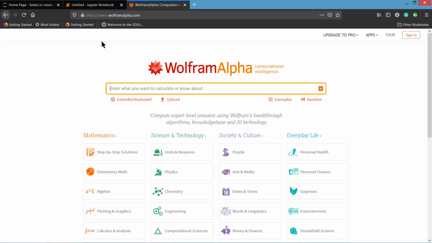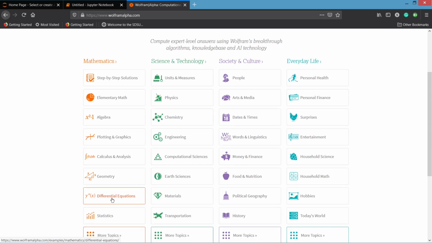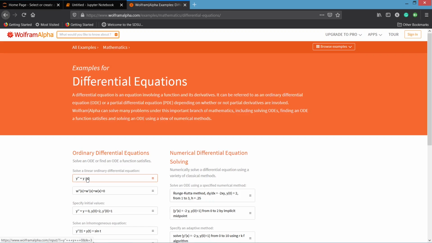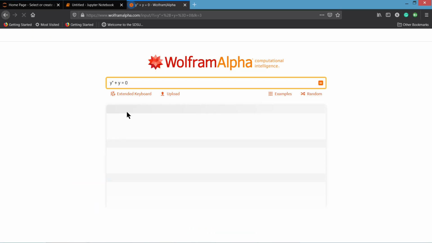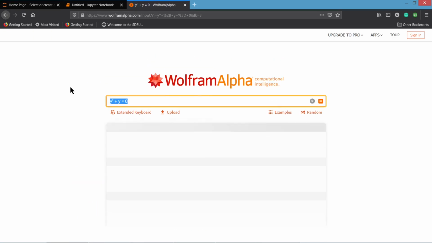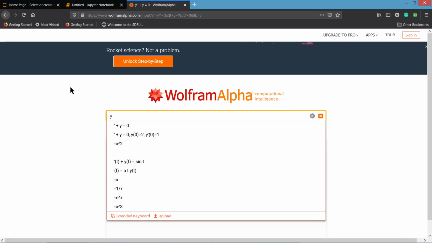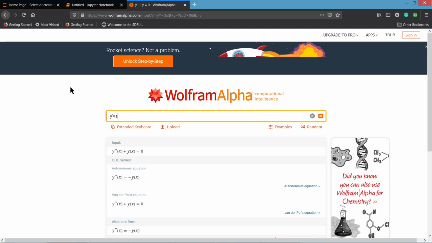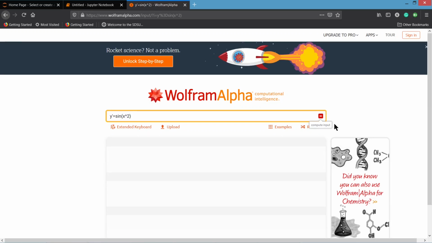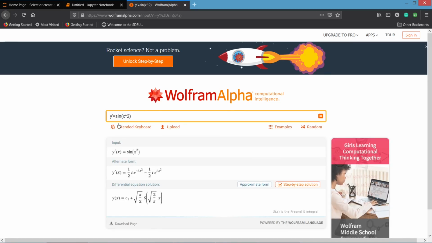We will go to the home page of Wolfram Alpha, then scroll down and go to differential equations, then click on linear ordinary differential equation, then we will write here y dash equal to sin x to the power 2 and press compute, and this will show the graph of the solution.